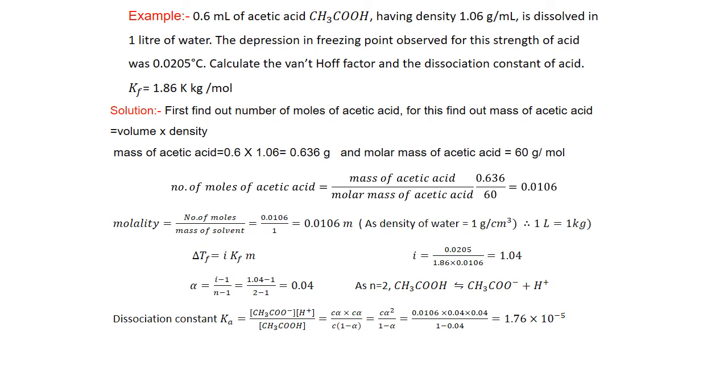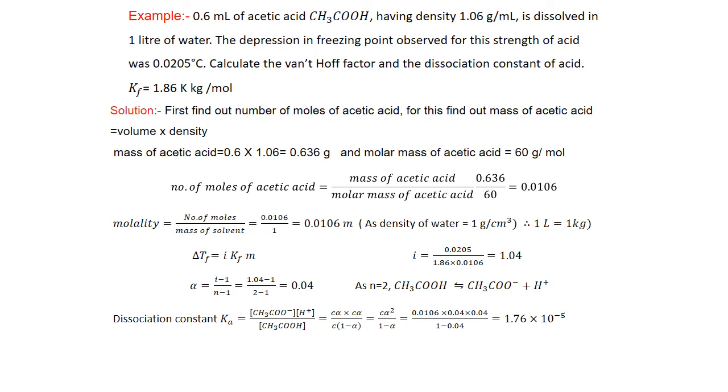So the dissociation constant relation is, you must know it, Ka is equal to C alpha square divided by 1 minus alpha. Placing these values, C is given as 0.0106 molality and number of moles given, alpha is given as 0.04, and so we can find out the value of Ka.